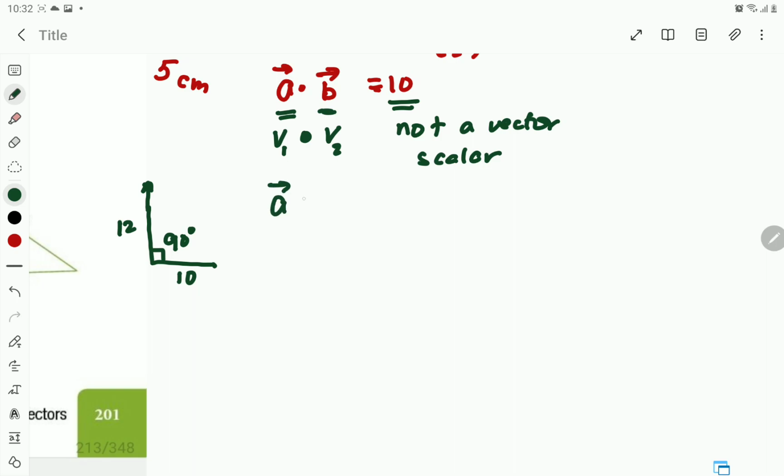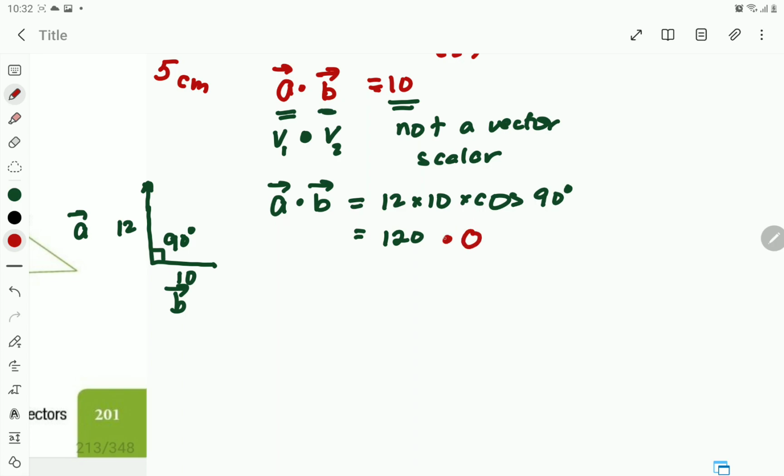Let's say this is my vector A, and this is my vector B. A dot B is equal to the length of A, which is 12, the length of B, which is 10, times the cosine of 90 degrees. So this is now 120, but then the cosine of 90 is 0, right? So therefore this is 0.